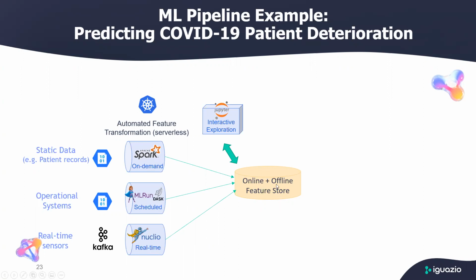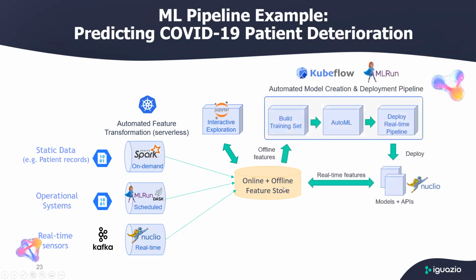We can run interactive exploration on those features. And then we're running a complete automated pipeline using MLRun and or Kubeflow together. So we essentially extract the features, we build the training set, we run AutoML on those features, and we deploy a real-time pipeline with an ensemble. And then we have the model servers that essentially use the model and the real-time features from the feature store.